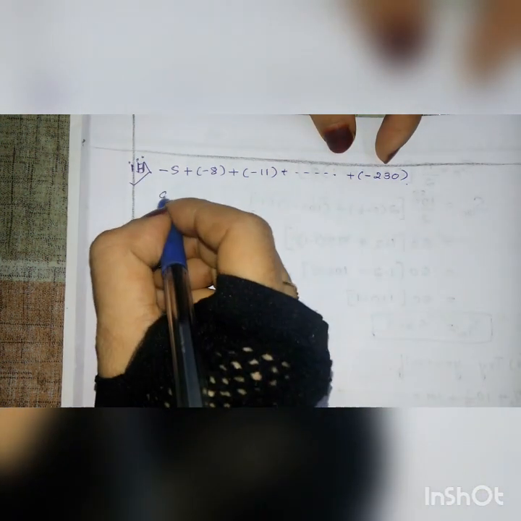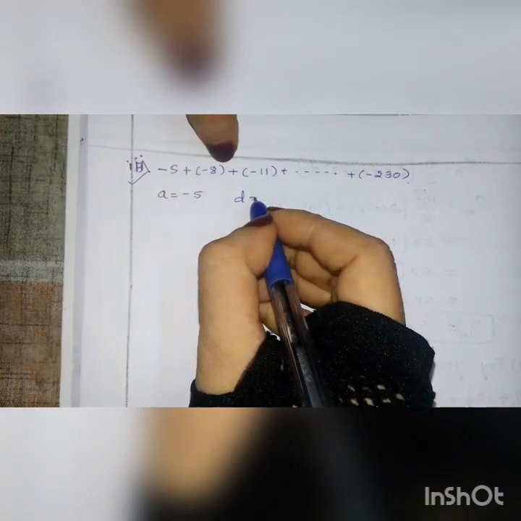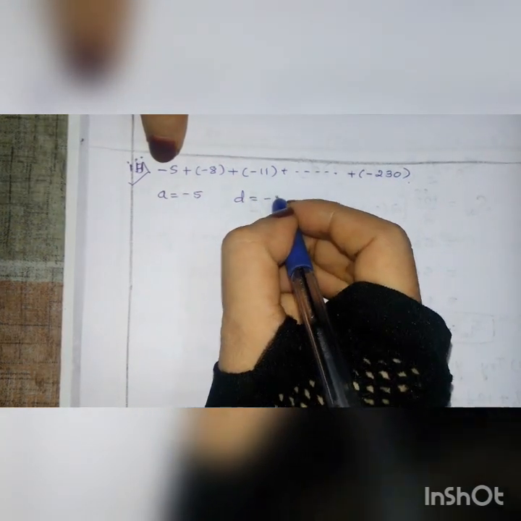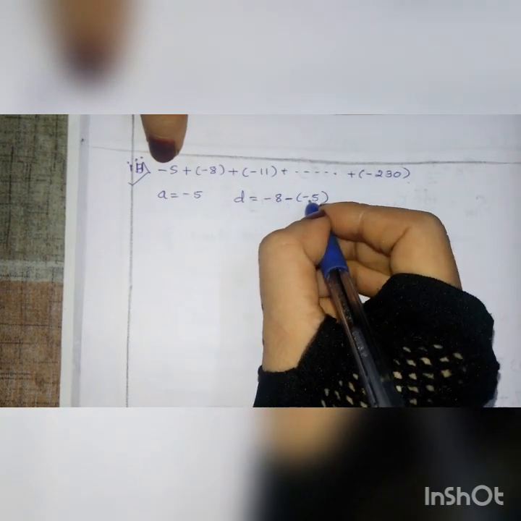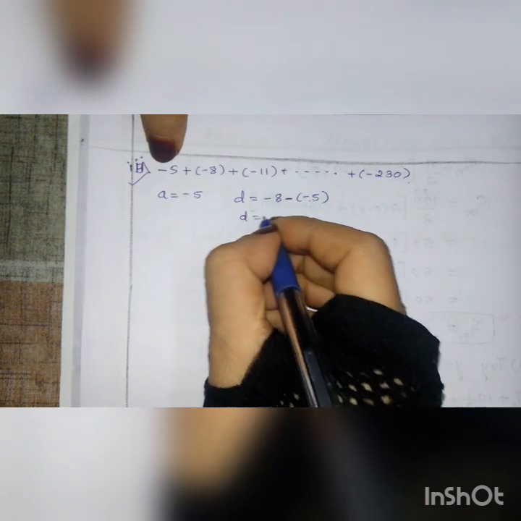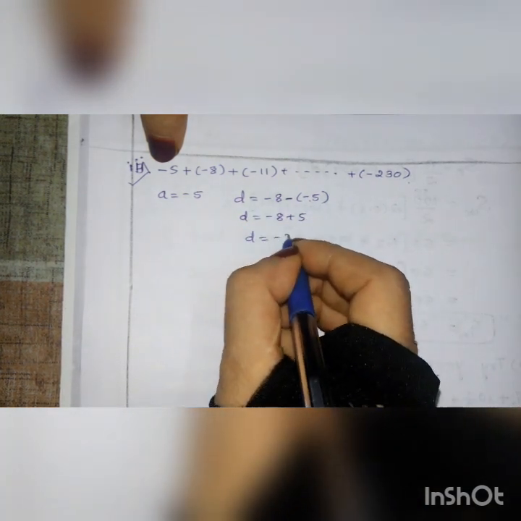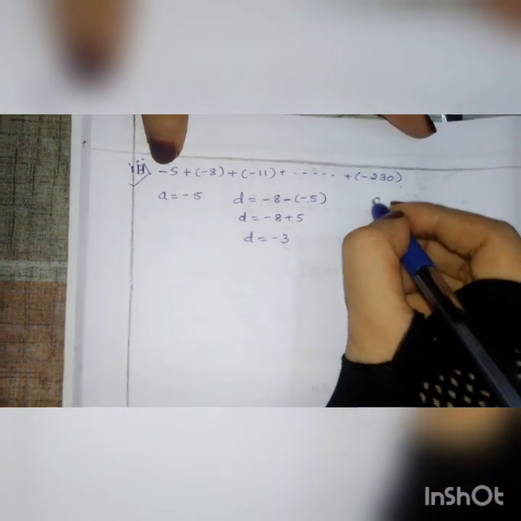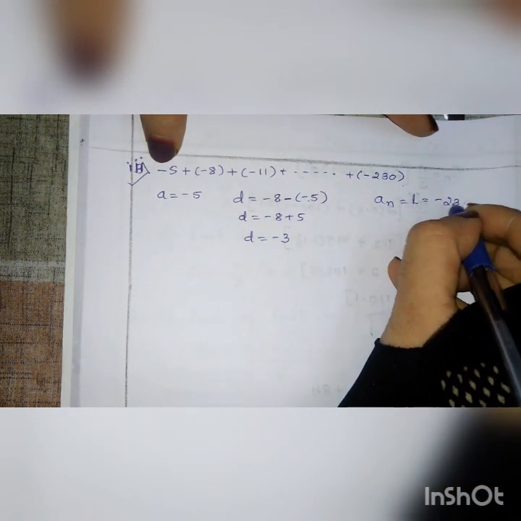Now a is -5, d is second term minus first term, -8 minus of -5. D is equal to -8 plus 5, that is d is equal to -3. And the last term an, that is l, is equal to -230.